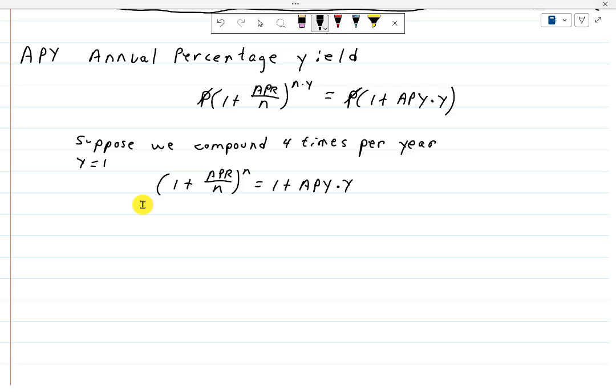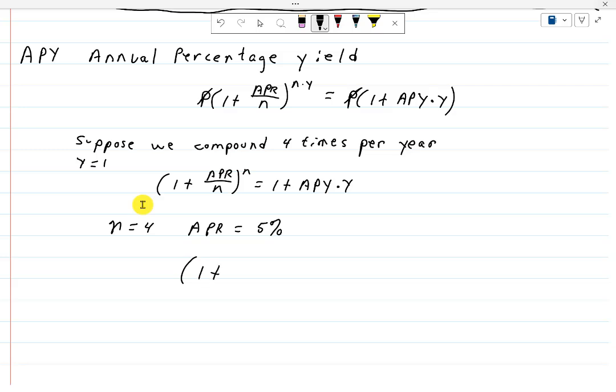Now this is really easy to do. Let's consider N equals 4. Let's try quarterly compounding. APR equals 5%.